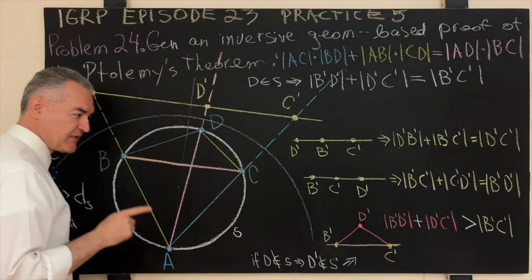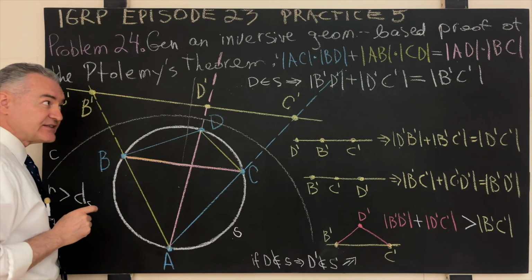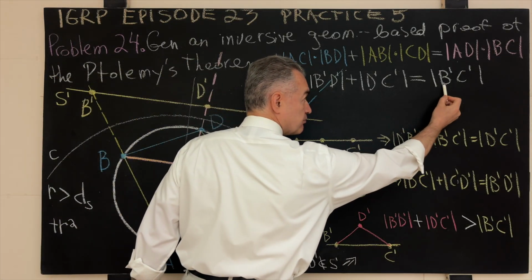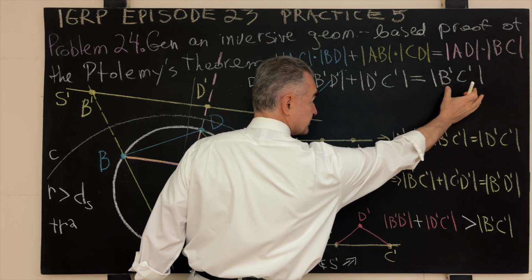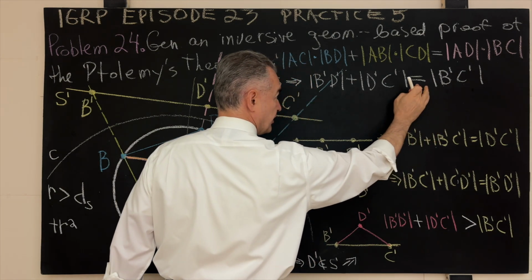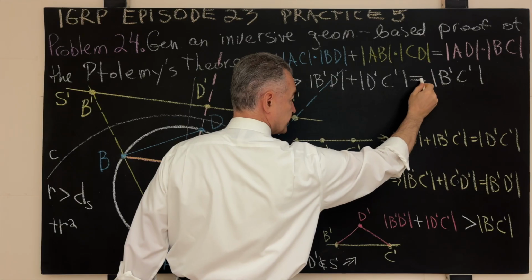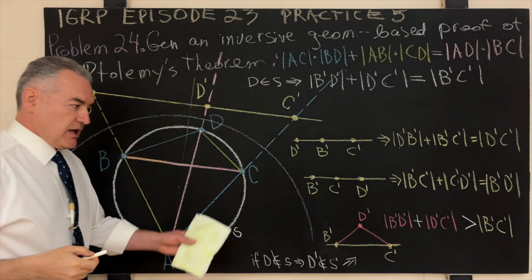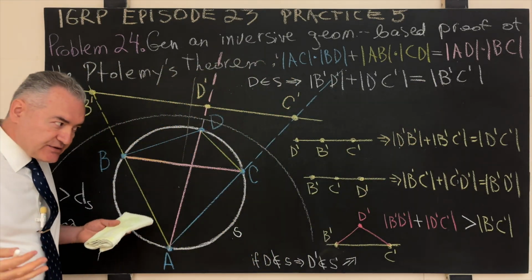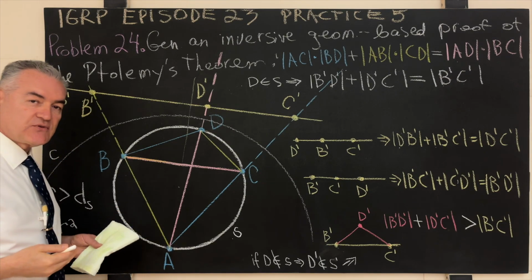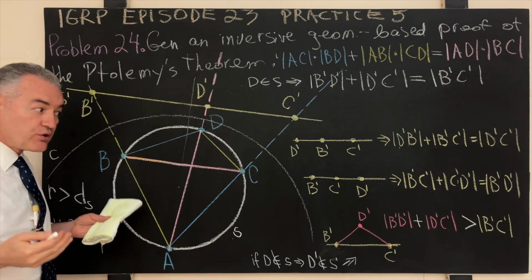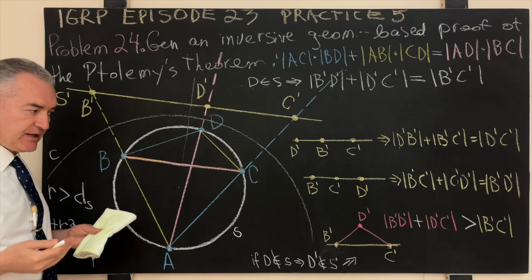It's irrelevant. The thing is, the distance between the points B prime and C prime is no longer partitioned into the sum. It's no longer this. And as I said before, in some sense, this situation brings front and center the structure or the way the Euclidean space works.